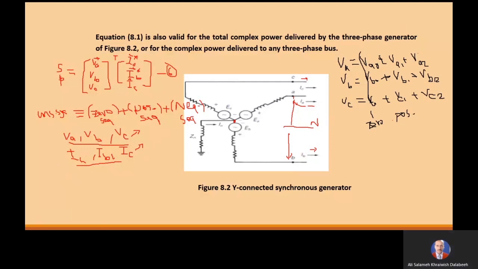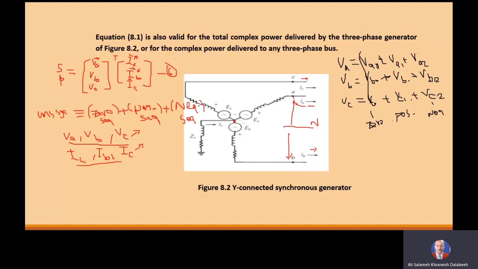It has three voltages equal in magnitude and displaced by 120 degrees. And this is the negative system. Also, it is a symmetrical system. These voltages are equal in magnitude and displaced by 120 degrees.